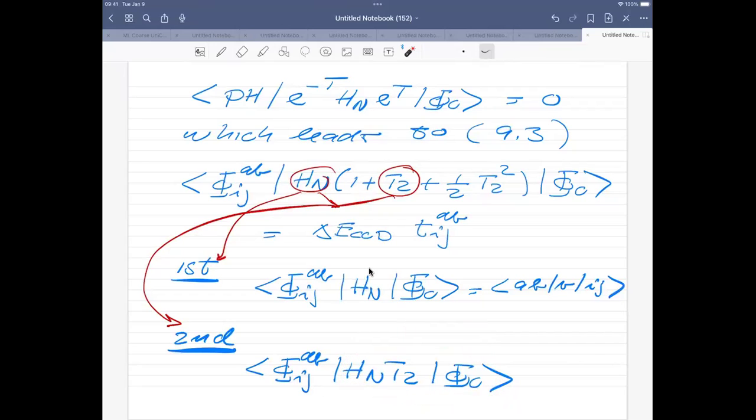We have to make sure that the quantum numbers of this two-particle two-hole state match the quantum numbers of the state to the left. If I set up everything here, we will get three distinct types of terms, and let's try to do that.